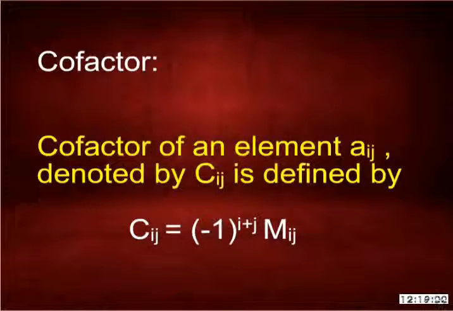Cofactor. The cofactor of an element Aij is denoted by Cij and is defined by Cij is equal to minus 1 raised to the power i plus j into minor of the ijth element, that is Mij.